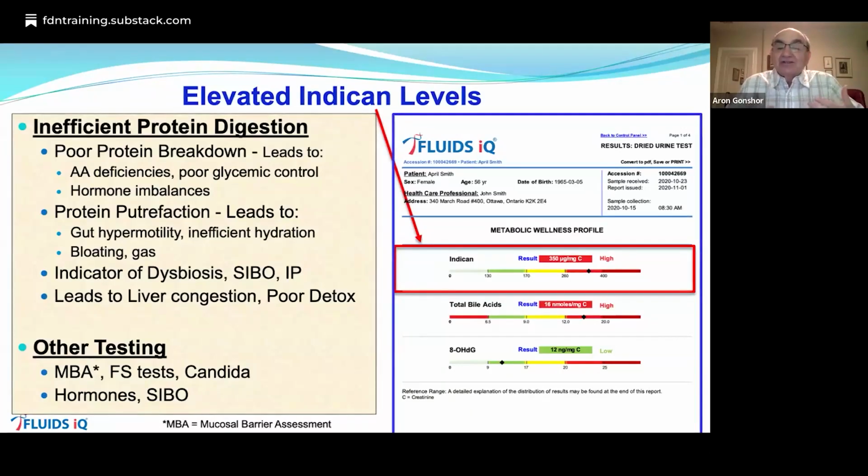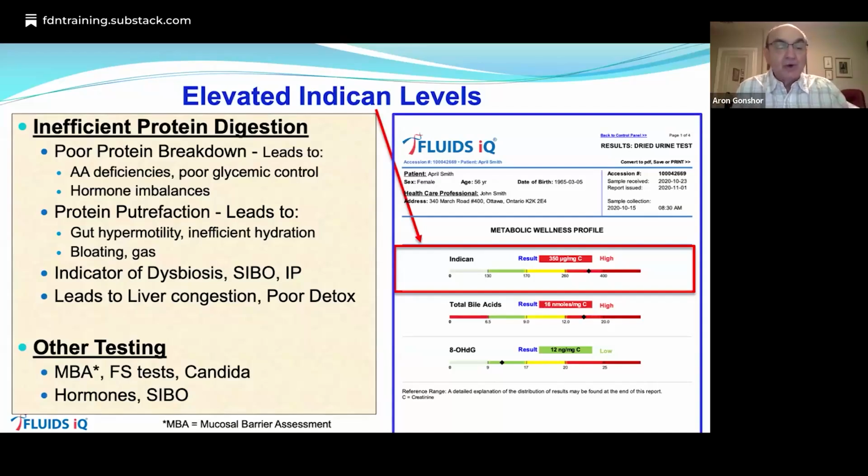Protein is so not well metabolized that it's putrefying. That leads to gut hypermotility, inefficient hydration. You need enough water in there, and it has to be able to stick around long enough with the food, but it's not, because the gut is sending that food out quite quickly while it's not being properly metabolized.